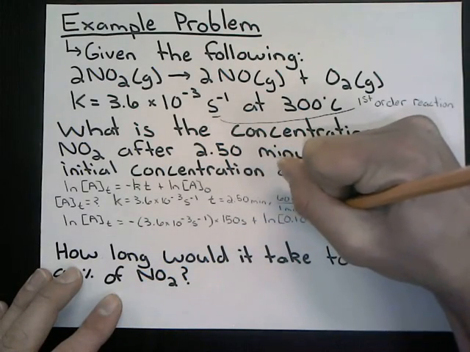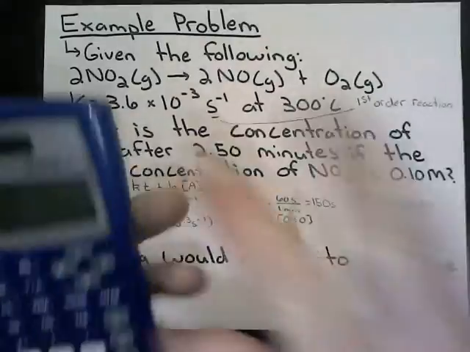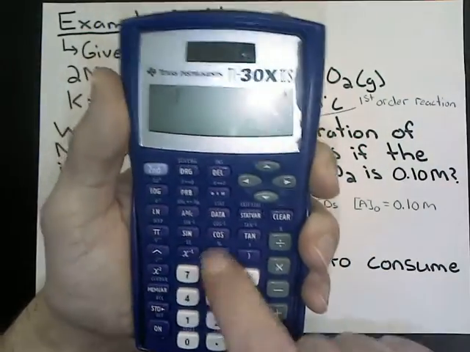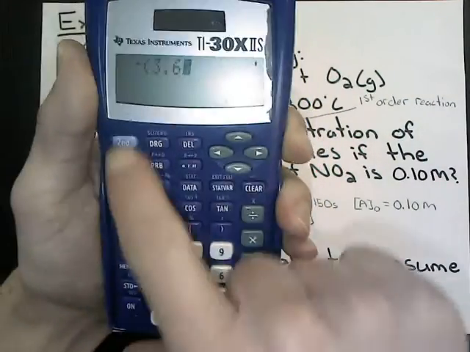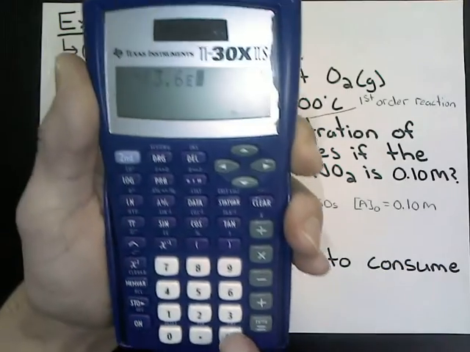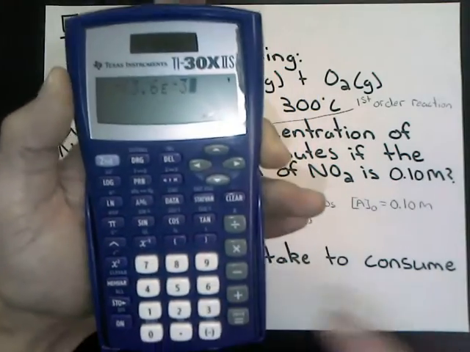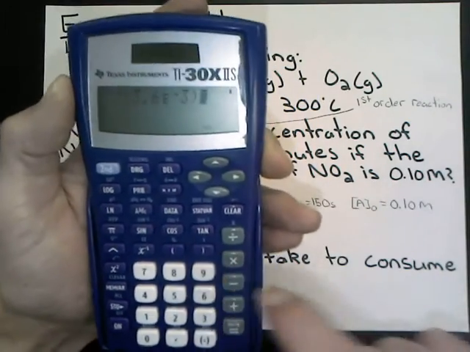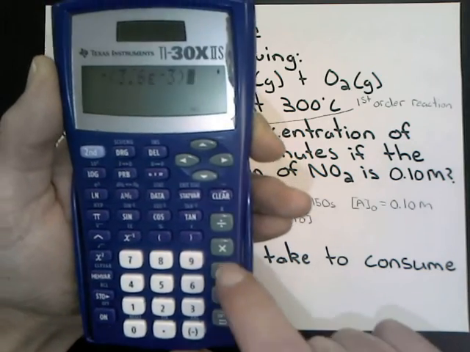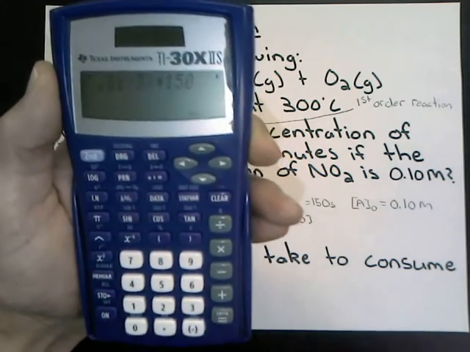So we have a lot going on here, and here we go. All right, so we have negative 3.6 times 10 to the negative third times 150. I'm going to press enter.